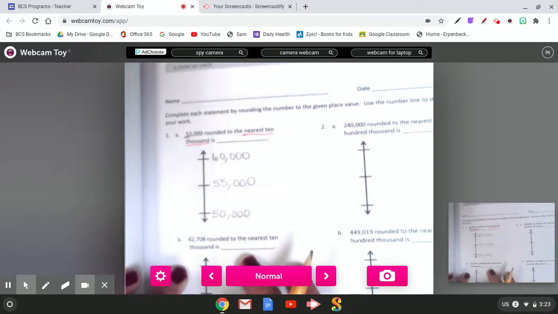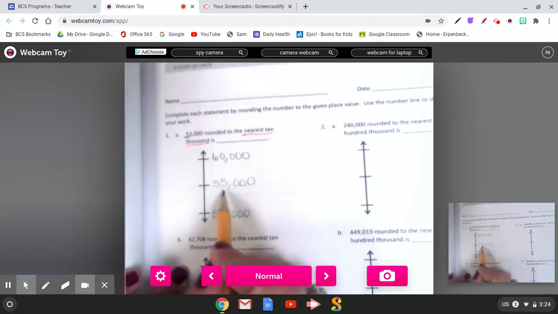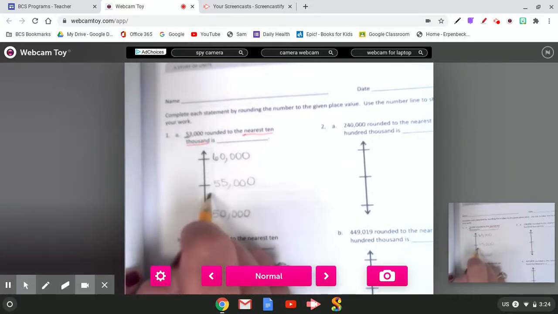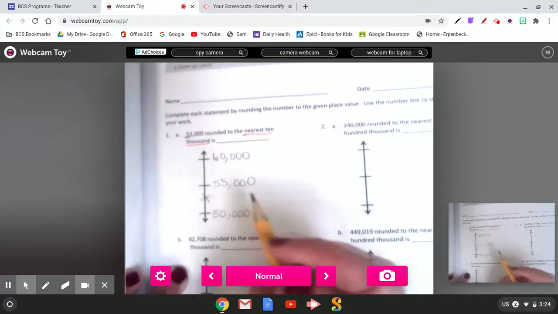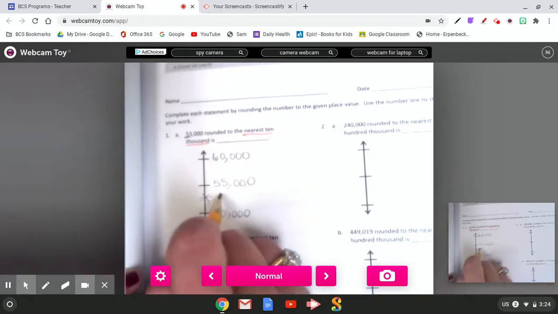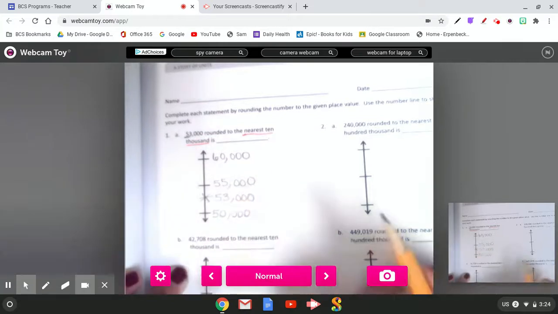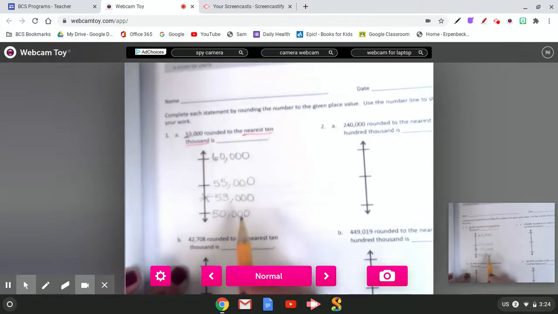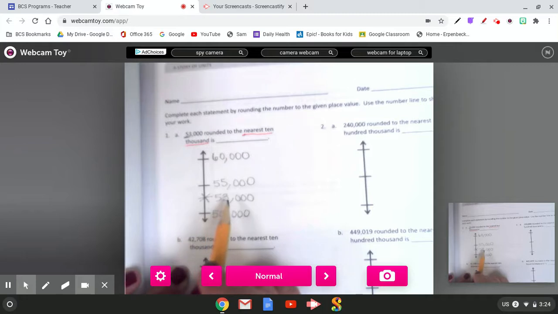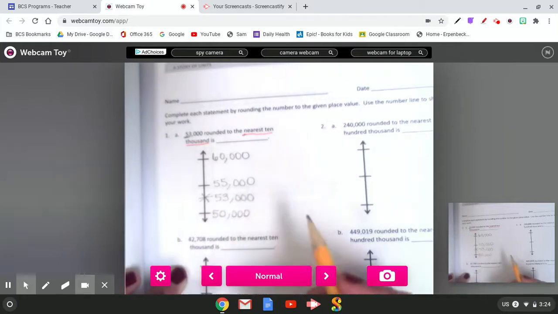Now finally, we are at the place of placing 53,000. So 53,000 we know is below 55,000. So we will put the star at 53,000. Okay, and you can visually see that 53,000. Thank you. Sorry, boys and girls, sometimes we have announcements.